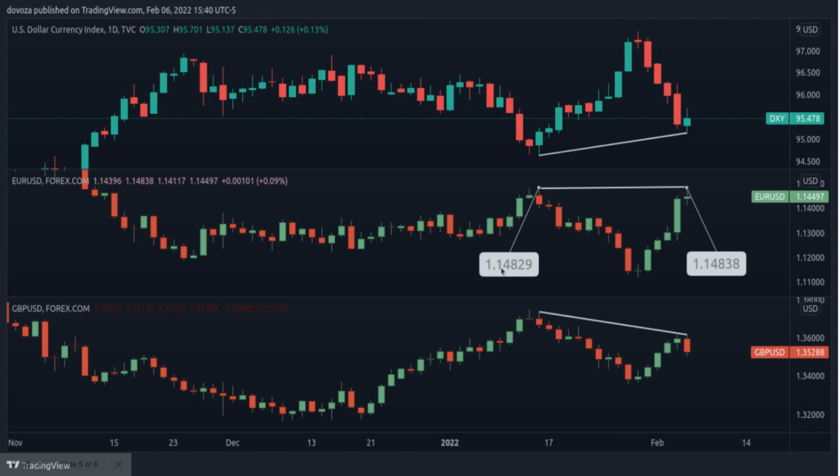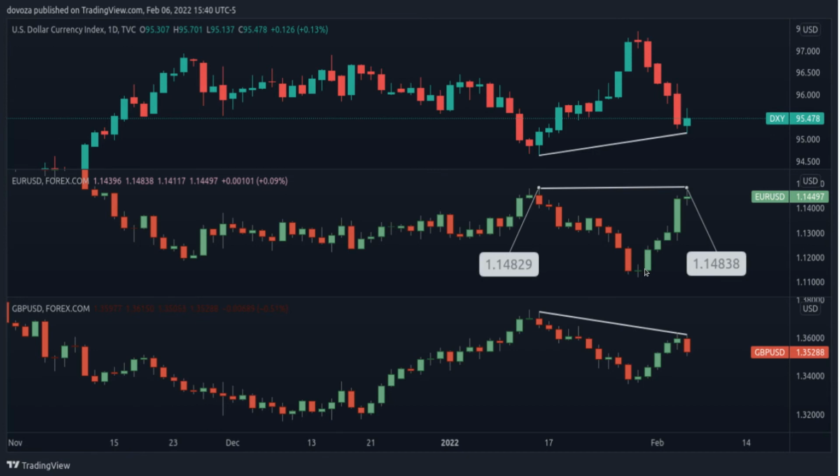As you can see here, the high at this candle right here is 14,829. This one made its high at 14,838, so which is higher than this one. Now when the euro was making a higher high, the pound was not willing to make that high. The dollar is also not making a comparable low to this high here. So this is SMT divergence.